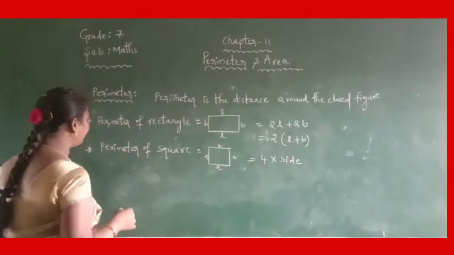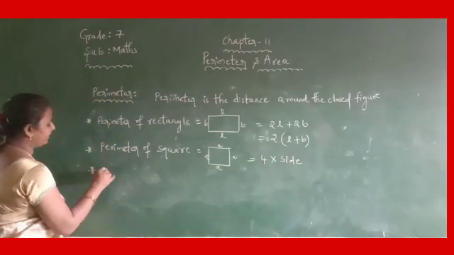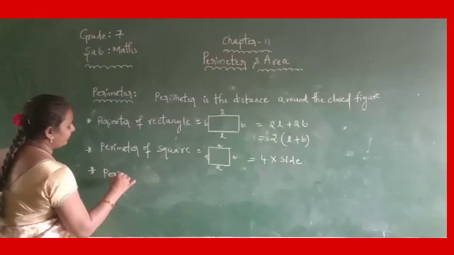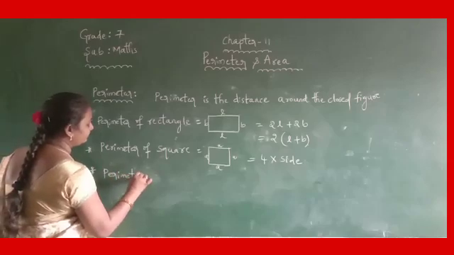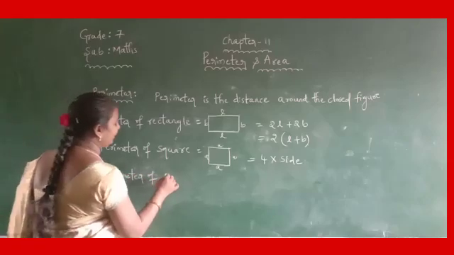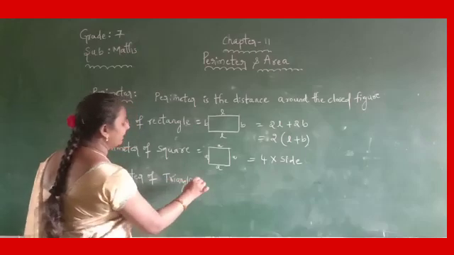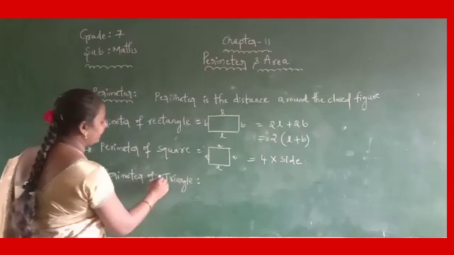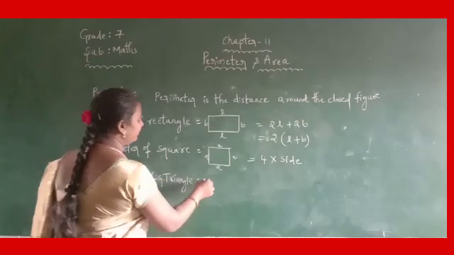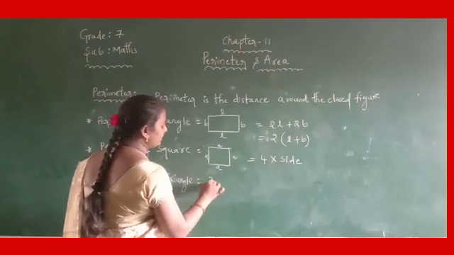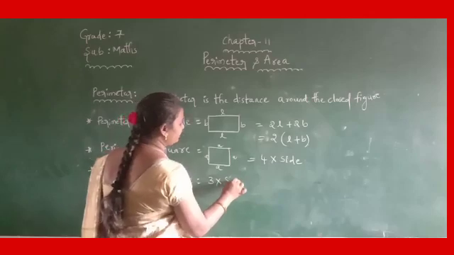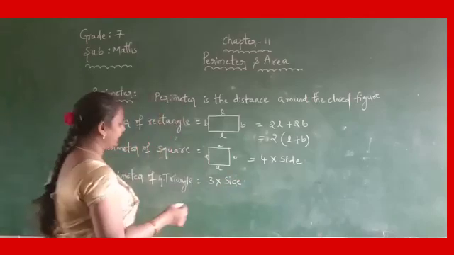This is the formula for perimeter of square. And next, perimeter of triangle. Which triangle here? Perimeter of equilateral triangle. In an equilateral triangle, how many sides are equal? 3 sides. So that is 3 into side.